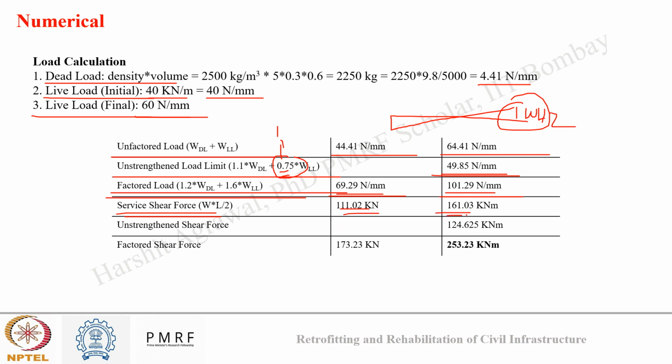The unstrengthened shear force is the shear force that my beam needs to resist without strengthening, so that we can ensure that it can undergo retrofitting. And this is the factored shear force, the amount the beam is required to resist after load increment. So we need to design for this much increment in shear force.